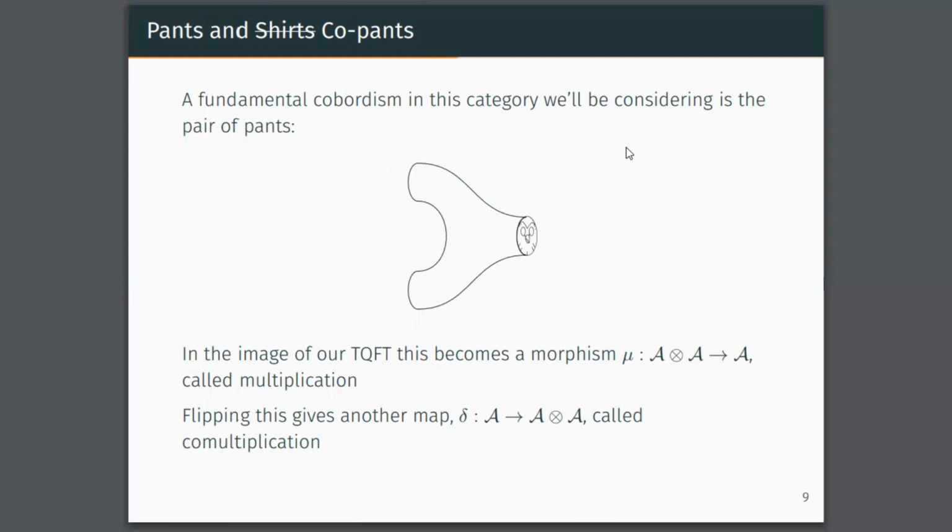And if you flip this diagram, you get the same thing inverse. You map from A to A tensor A, and we call that comultiplication. Take one value and spit out 2. Any questions about that?